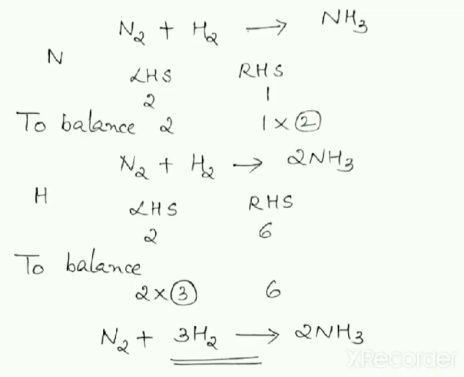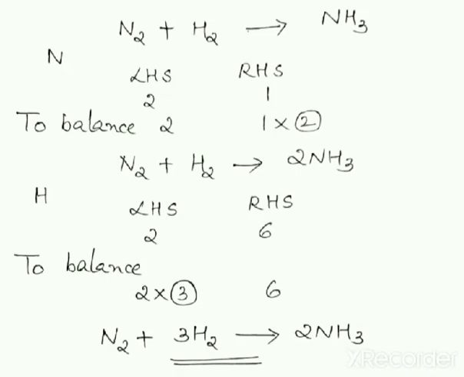Now count the number of atoms of nitrogen and hydrogen on both sides of this equation. We get the number of nitrogen atoms as, from N2, 2 atoms of nitrogen, and with ammonia we get only 1 atom of nitrogen.